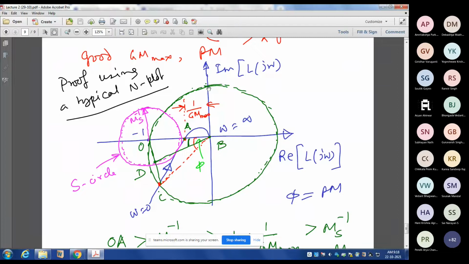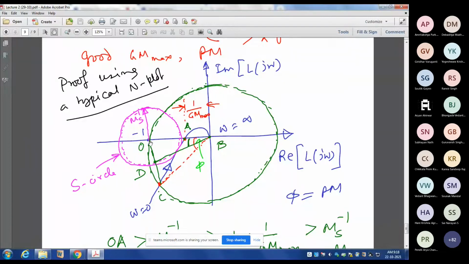Unit circle, and obviously this is the sensitivity circle. The minimum distance from the -1 point to the Nyquist plot is Ms inverse.